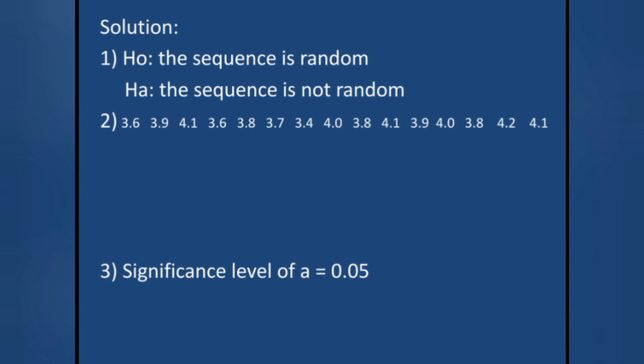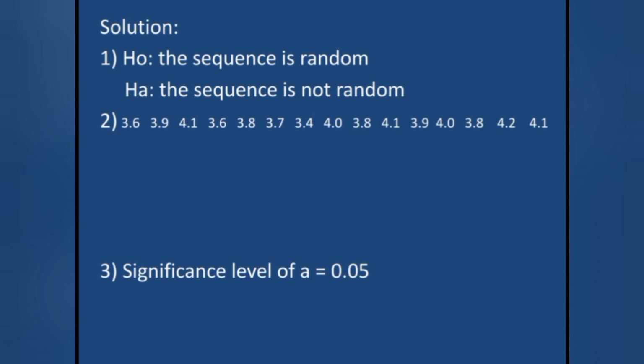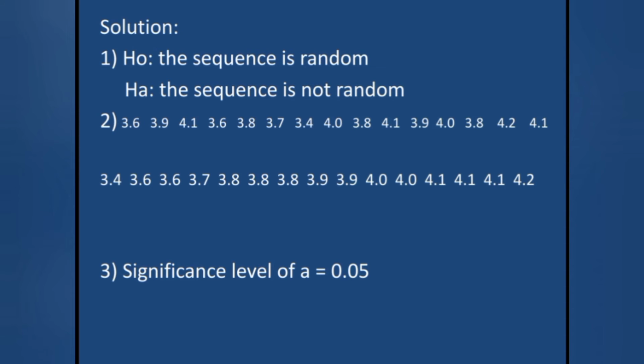Ang pangalawang step naman, since ang ating data is numerical, hahanapin natin yung median niya. Sa paghahanap ng median, diba, i-arrange natin yung mga numbers into ascending. Yan, ascending. So, 3.4 na una hanggang pataas.